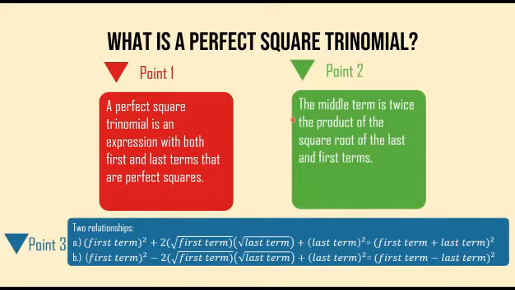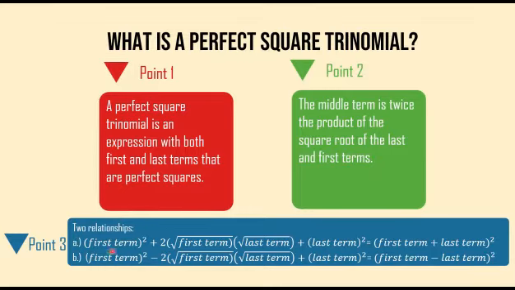In point 2, the middle term is twice the product of the square root of the last and first terms. In point 3, these two relationships are presented.